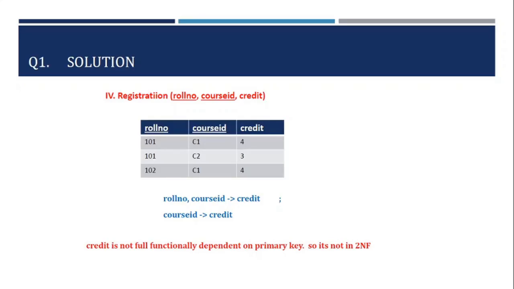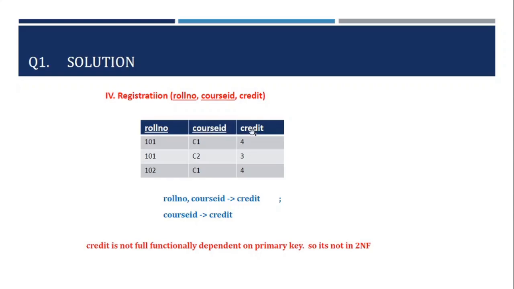To check whether the schema is in second normal form, we have to check whether there are any partial dependencies. Now suppose in a schema we have only one field as primary key, then that schema will be in 2NF by default. Here, the primary key consists of two attributes, roll number as well as course ID.